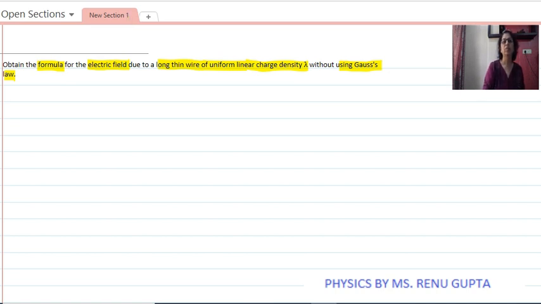So first of all, we consider that this is a long wire having charge on it. Linear charge density means charge per unit length.